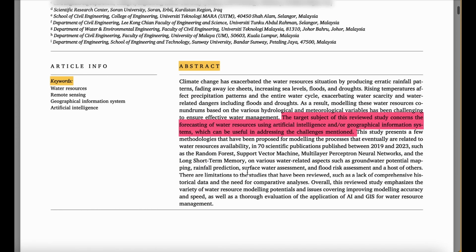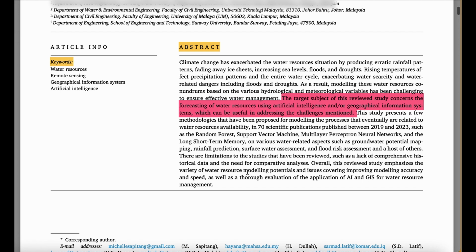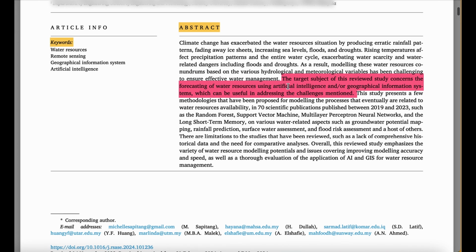But it still doesn't indicate it's a scoping literature review. And the objective is within the abstract. You can find that the target subject of this reviewed study concerns the forecasting of water resources using artificial intelligence and/or geographical information systems, which can be useful in addressing the challenges mentioned previously.